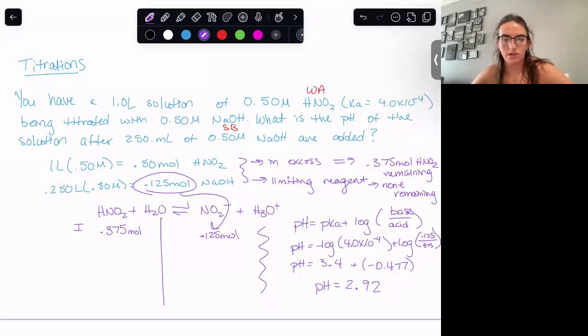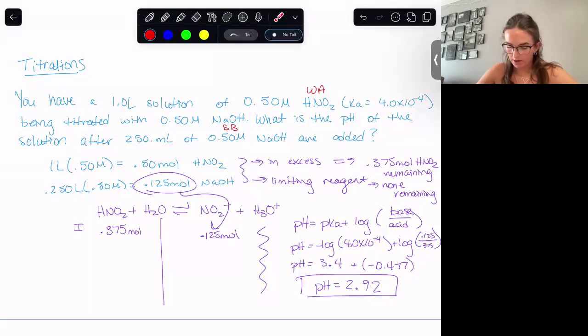Okay, do we agree or disagree on this one? Okay, so when we look at this portion of our titration, we started off with a weak acid and a strong base, and we compared the number of moles of acid to base, right? We're just looking at acid and base, it doesn't really matter if we are talking about a strong acid, weak acid, whatever. We see that our base is the limiting reagent, our weak acid is in excess.